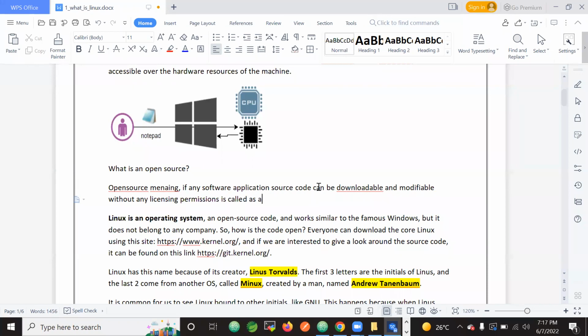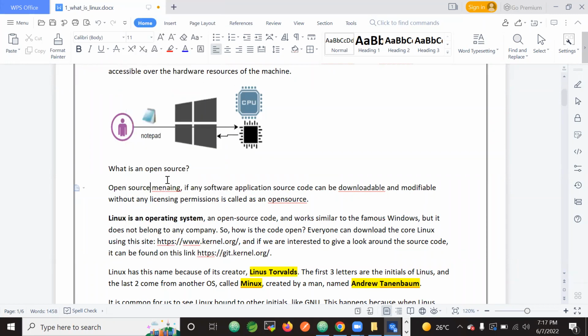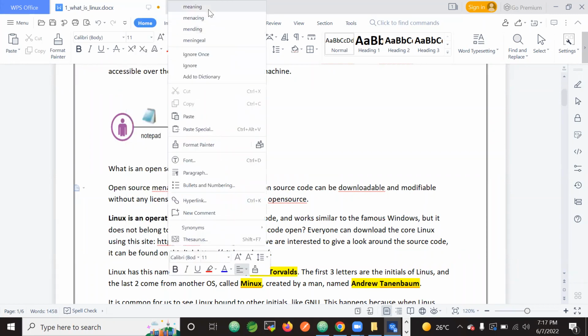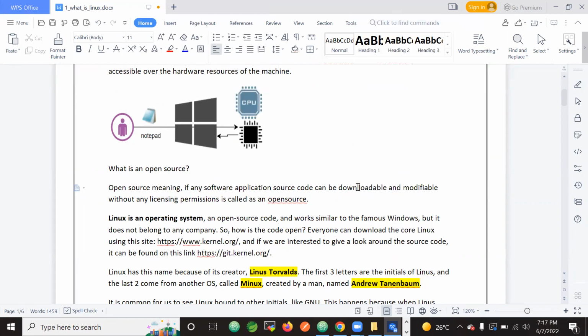Here you might get a little confused, I will explain. Downloadable plus you can also modify it, downloadable and modifiable without any licensing permissions is called open source.